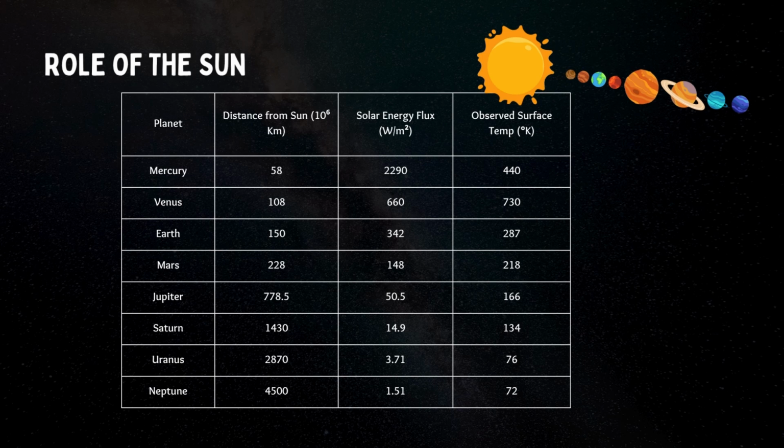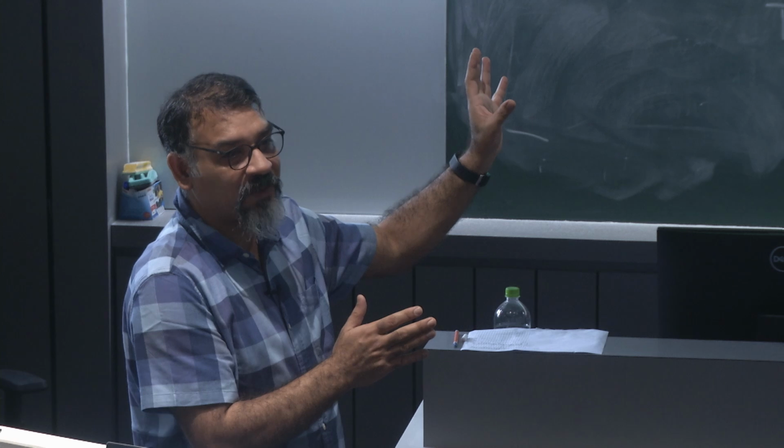Okay. What I have also given you are the observations of the surface temperature. Now, what we want to do is calculate what the surface temperature would be of each of these objects based on Stefan Boltzmann's law, to get a particular number for each one of these planets. And then I want to compare it with what we have observed.